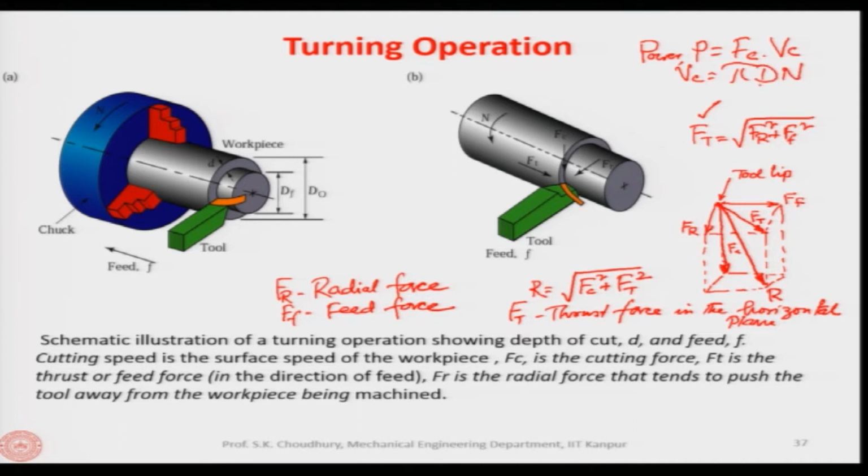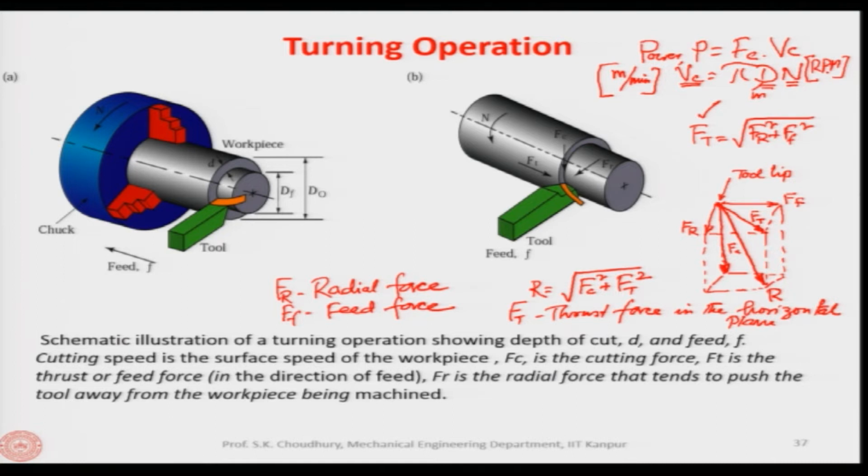D is the diameter of the workpiece, n is the revolutions per minute. D is in meters and n is RPM, so V c will be in meter per minute.